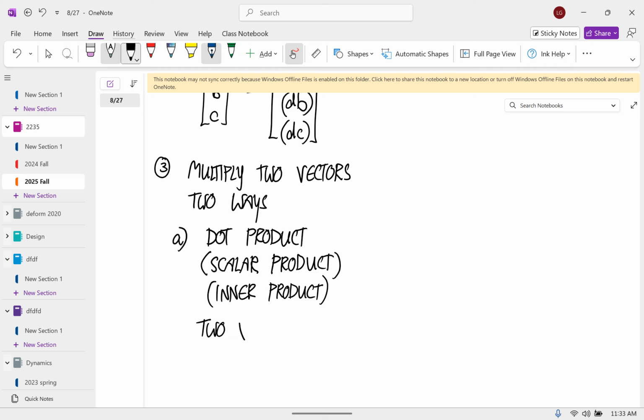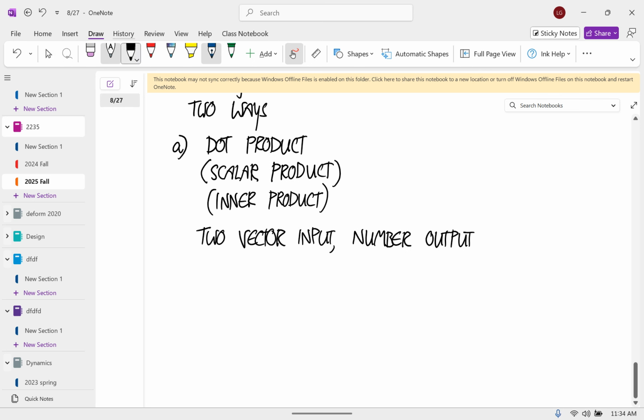You can think of it as having two vectors as input, and then just a number as an output. So the answer is not a vector, it's a number. The fact that it has a number output is the reason that sometimes people refer to it as the scalar product, because scalar is like another word for a number. It's a matrix with a size of 1.